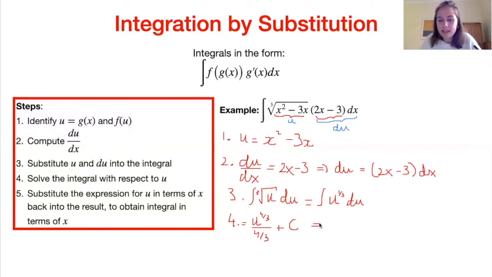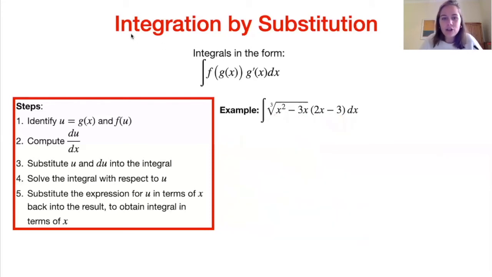Rearranging this, that is 3u to the 4 over 3 divided by 4 plus c, leaving our final step to just substitute in our expression for u, which is x squared minus 3x. So we get 3 times x squared minus 3x to the power of 4 over 3, over 4, plus c. So this is our final answer. Again, just working through those steps in that method one by one to get us to our final answer.